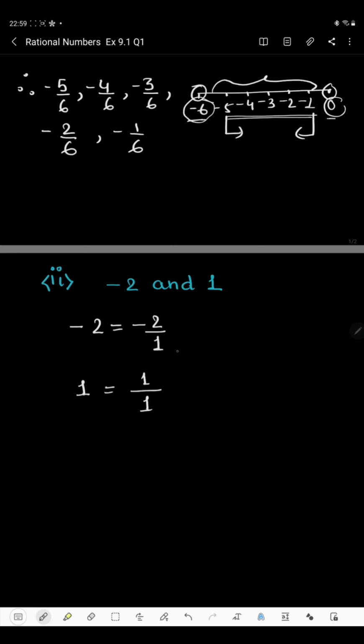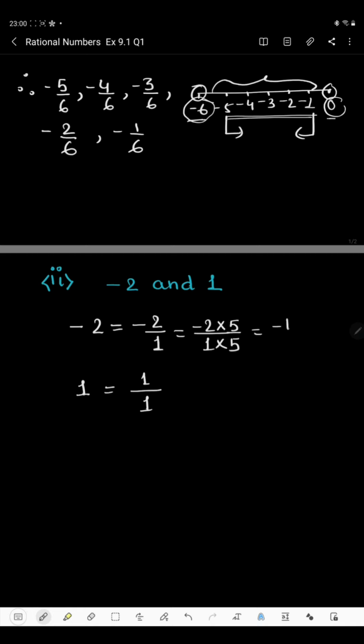Since we have to make the denominator the same to get the numbers in between, we can multiply the denominator by any number. You can take 5, 6, 7, any number to multiply. Suppose I am multiplying by 5. Since the denominator is multiplied by 5, the same number will be multiplied by the numerator also.